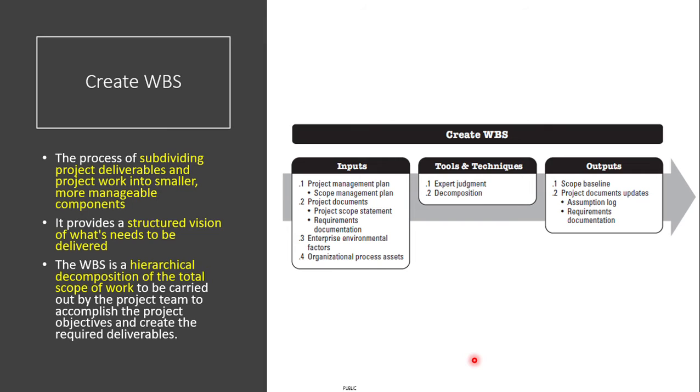So where do you stop? First, just to cover the inputs for creating a work breakdown structure: obviously the scope management plan will give you the governance part of it that we discussed earlier, the how factor, how and to what degree you are going to break down the structure. The scope statement, which we just finished, will be the prime input for it.